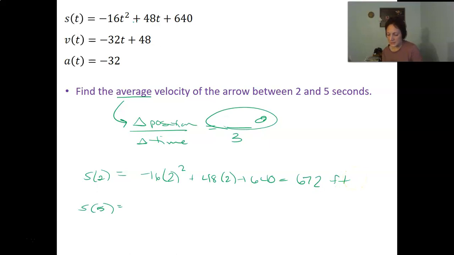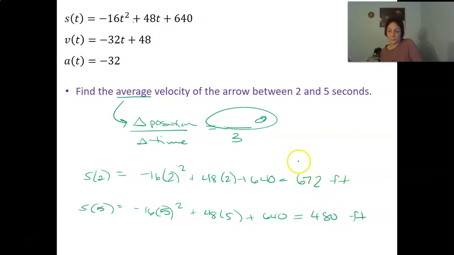If I do that same calculation with a 5, and I don't typo it like I just did, so negative 16 times 5 squared plus 48 times 5 plus 640, I get 480, which is the number I wanted.